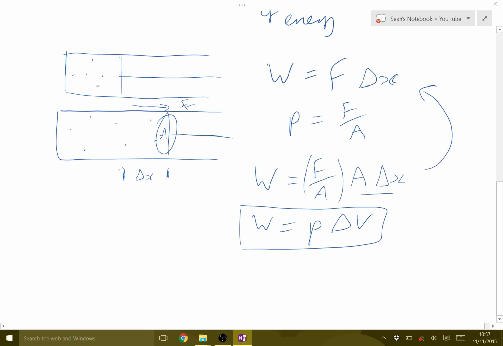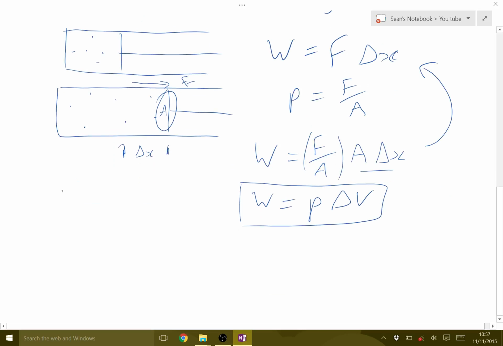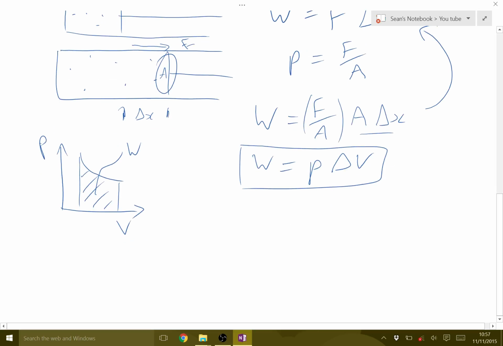And that's why when we have our pressure volume graphs, whenever we have a curve, the work done is the area under this curve, because it's pressure times the volume. Now it's actually an integral, but at this stage let's just look at it in this term.